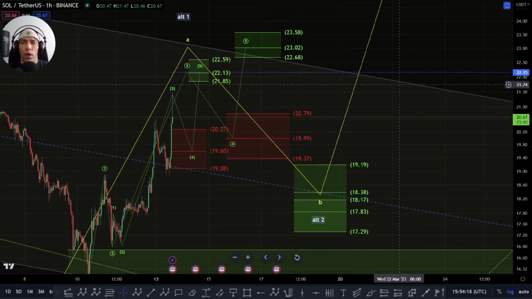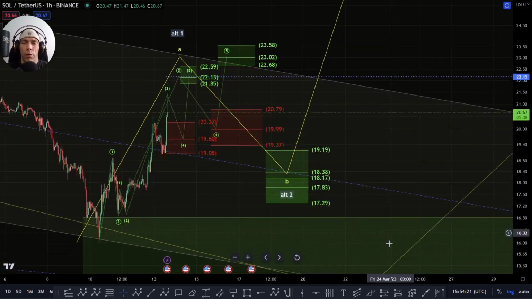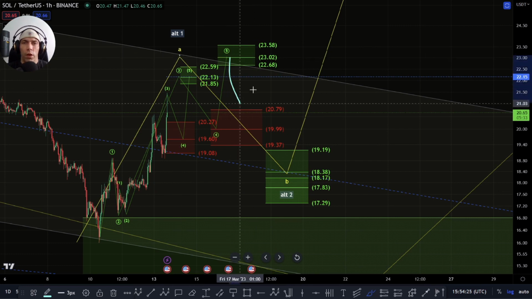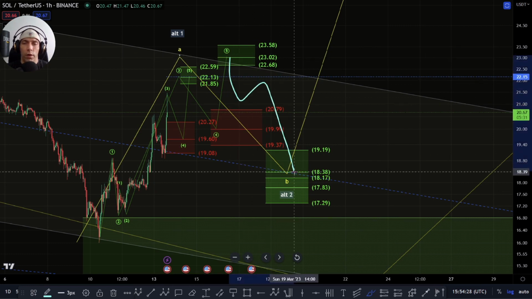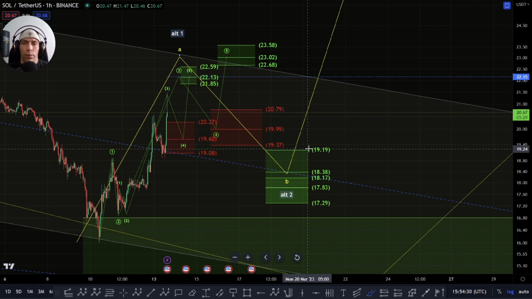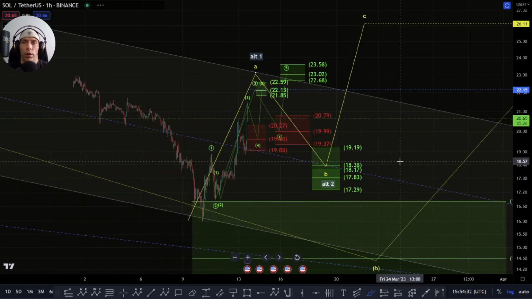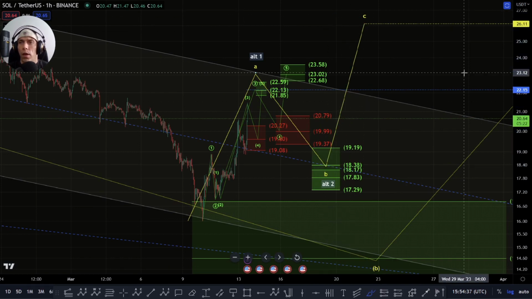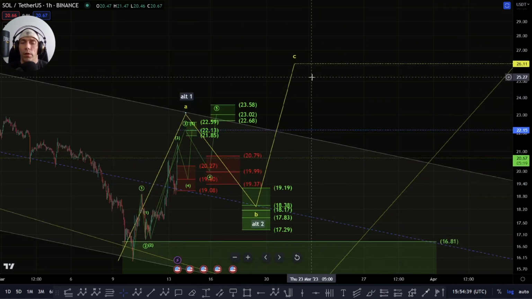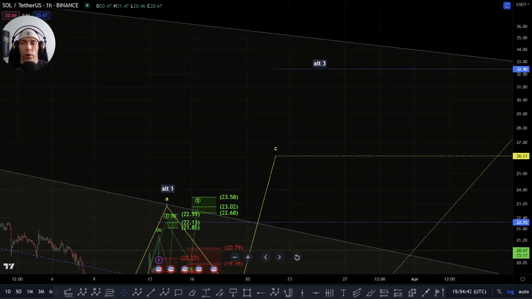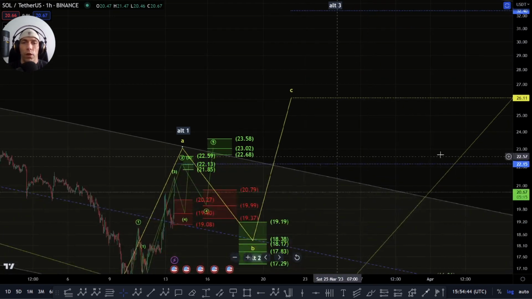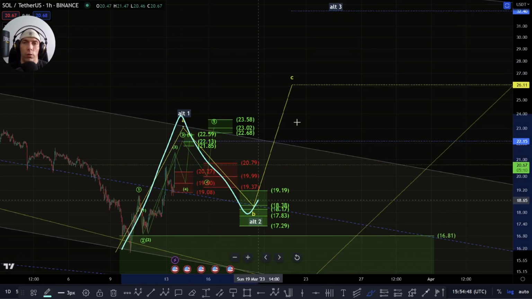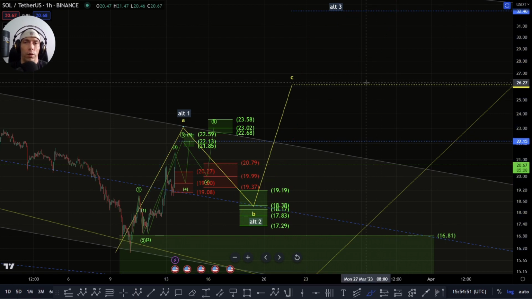If that does play out, what we'd be then looking for potentially, if we are looking for continuation, would be basically from this high point, looking for a three-wave move to the downside, back into this zone here of this 1919 to the 1729 area, and then potentially looking for either a C wave to the upside, if this is just going to be a three-wave move, or potentially looking to push up towards this 3240 if we are going to get a bigger impulsive move where this becomes a 1, 2, 3, 4, and then looking for that fifth wave.